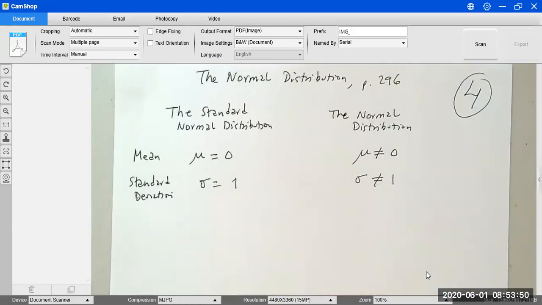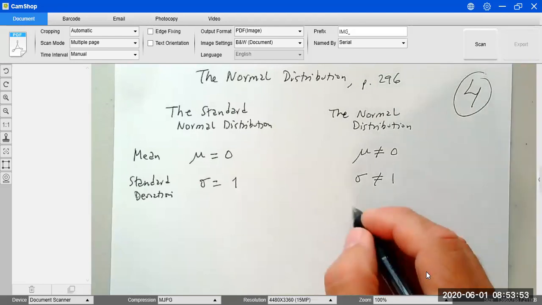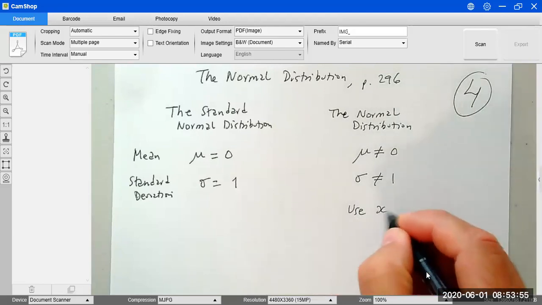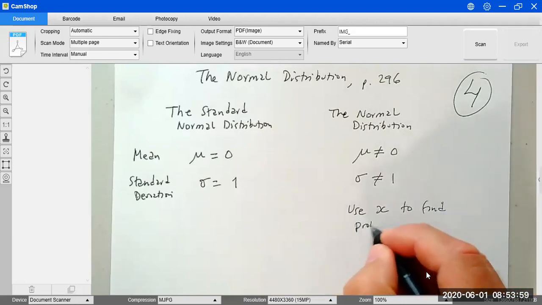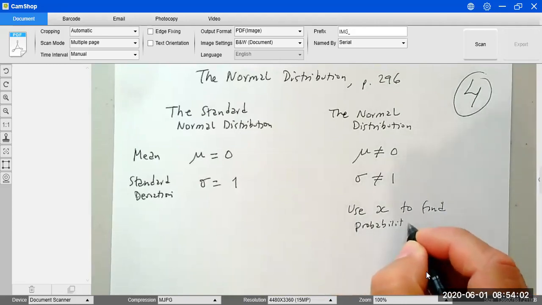So we're going to use x here to find probabilities or areas.